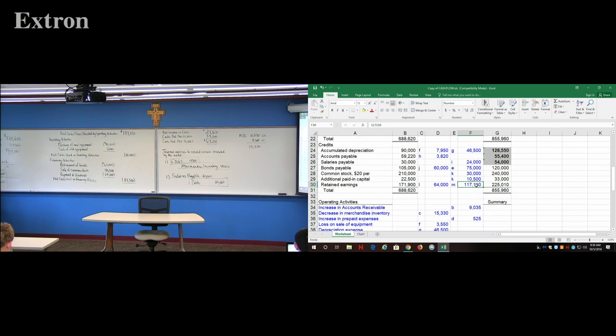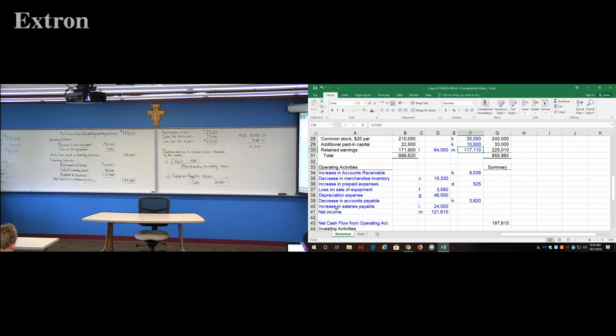So change retained earnings, column F, transaction M, to 117,110, because our net income isn't really 121,610, it's 117,110. There's another half of that transaction. Find the matching M. The matching M is down here in the operating activity section. Remember, we adjust net income, and now this net income isn't right. The audit says we made a mistake, so I need to change that now to 117,110. Okay, so far so good?